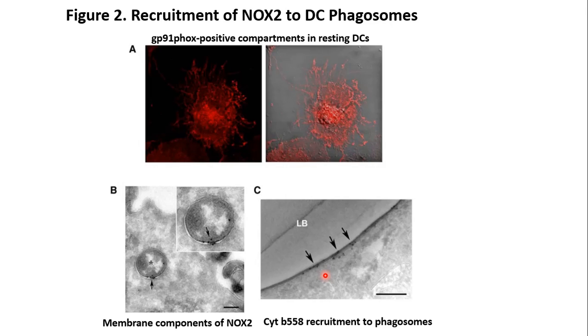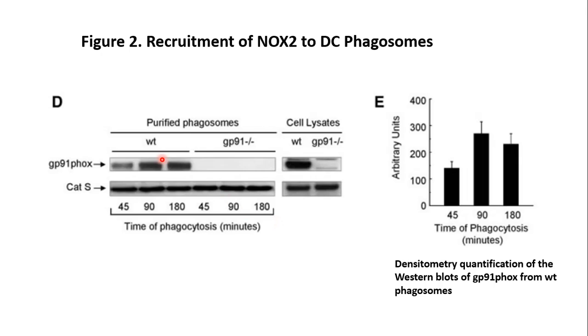To explore the recruitment of NOX2 to phagosomes precisely, they purified the phagosomes from wild type and gp91 deficient DCs after different times of phagocytosis. So as you can see, they do the western blot with wild type and with defective gp91phox. Defective gp91phox does not show anything, as expected.